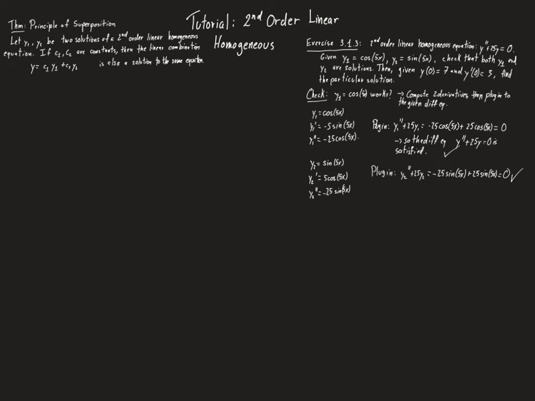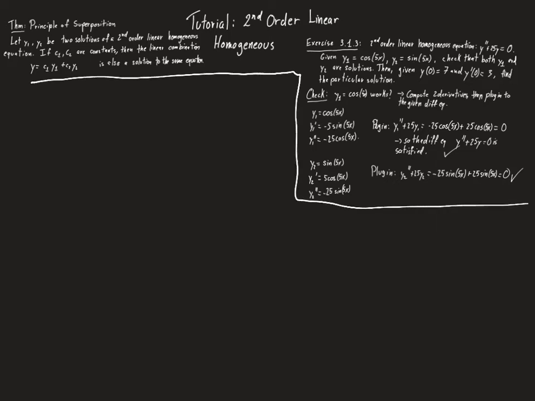Because we've completed step 1, we're now going to do the second part of this problem. Let's make a little box here. We are now given that y of 0 is equal to 7, and y prime of 0 is equal to 3.